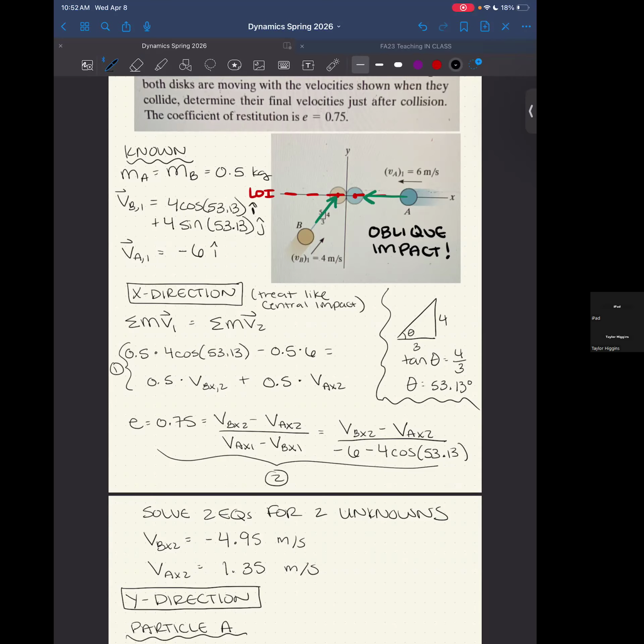If you did, did you arrive at these two equations? I got the second equation, and I did the first equation, but then I solved for BX2. Okay. Everything between there and here is just algebra.